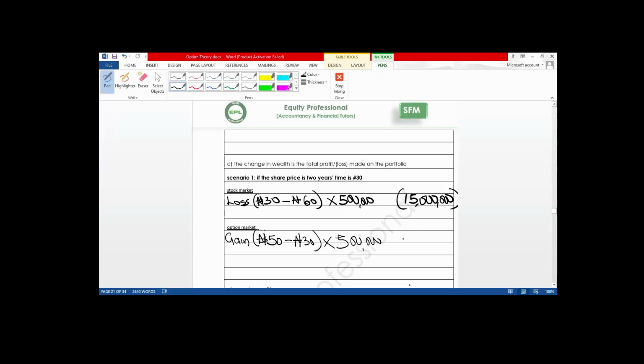The investor will gain 10 million naira from the option market. As a result of going into that contract, the investor will generate a profit of 10 million. But you must pay the premium.